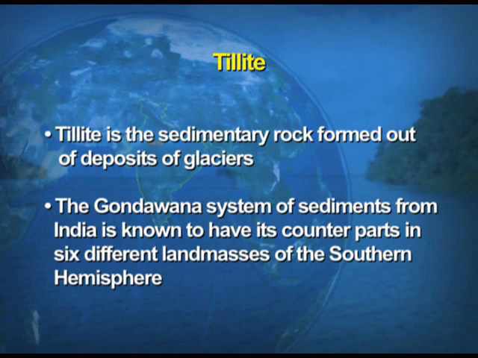Then he also talked about tillite, the sedimentary rocks formed out of the deposits of glaciers, which are found in the Gondwana system of sediments from India and are known to have counterparts in 6 different land masses of the southern hemisphere. How would this have been possible if these had not once been part of the same land mass? This clearly demonstrates remarkably similar histories of the land masses.